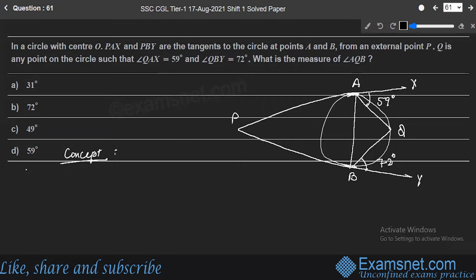We will be using the concept of the alternate segment theorem. What is that theorem?